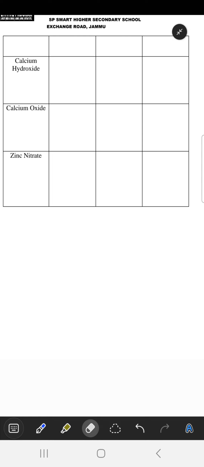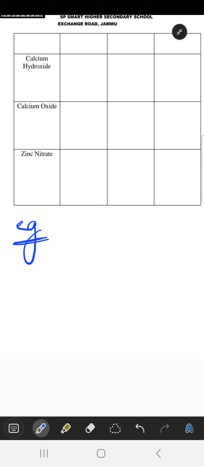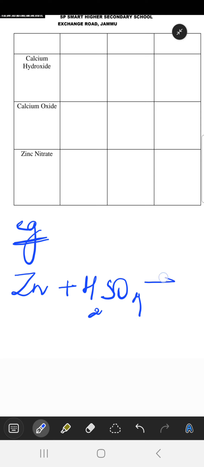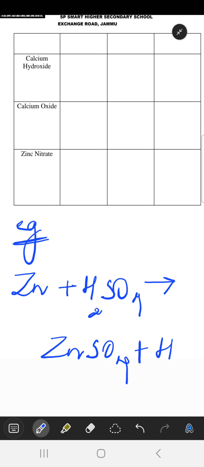These are asked in the board exam for balanced equations. Let us take an example. When zinc reacts with H2SO4, what we get is zinc sulfate plus hydrogen is released.